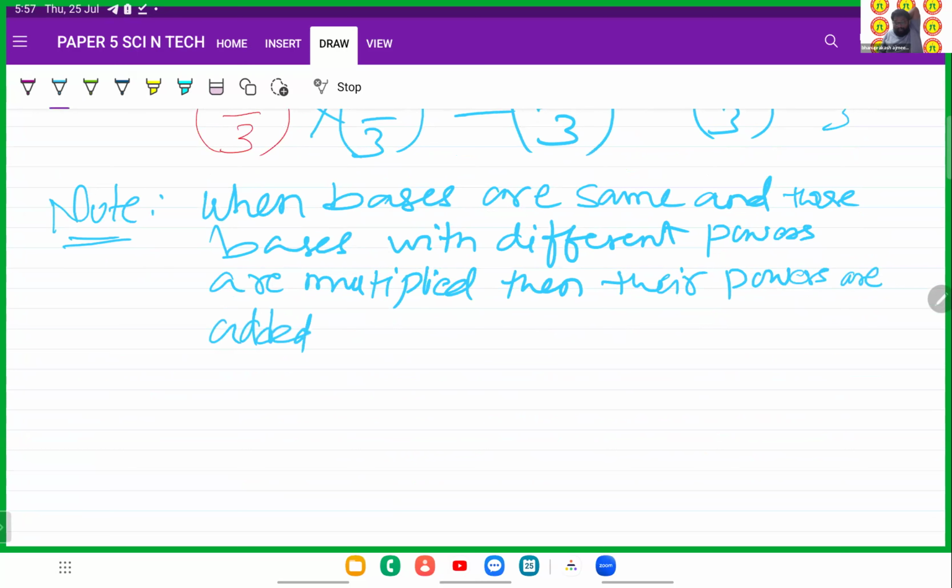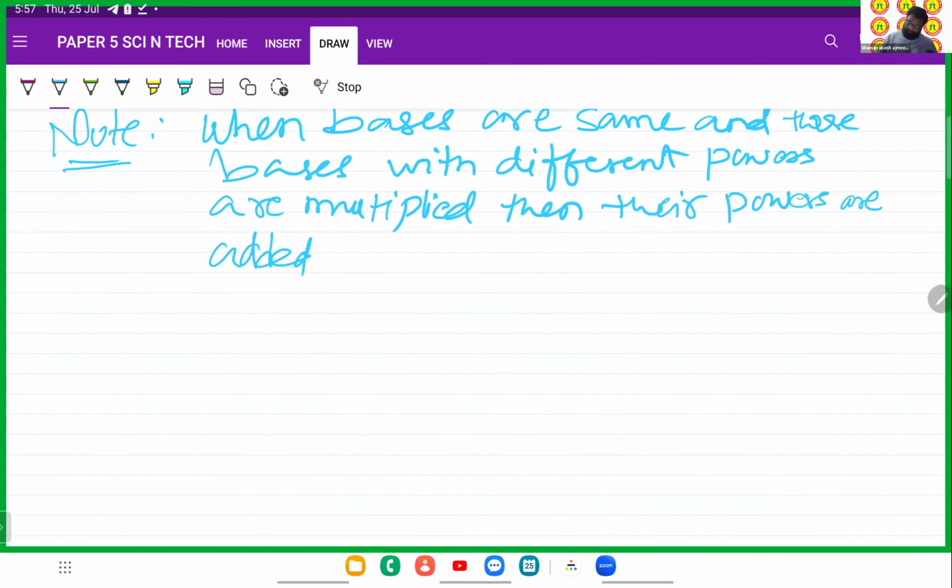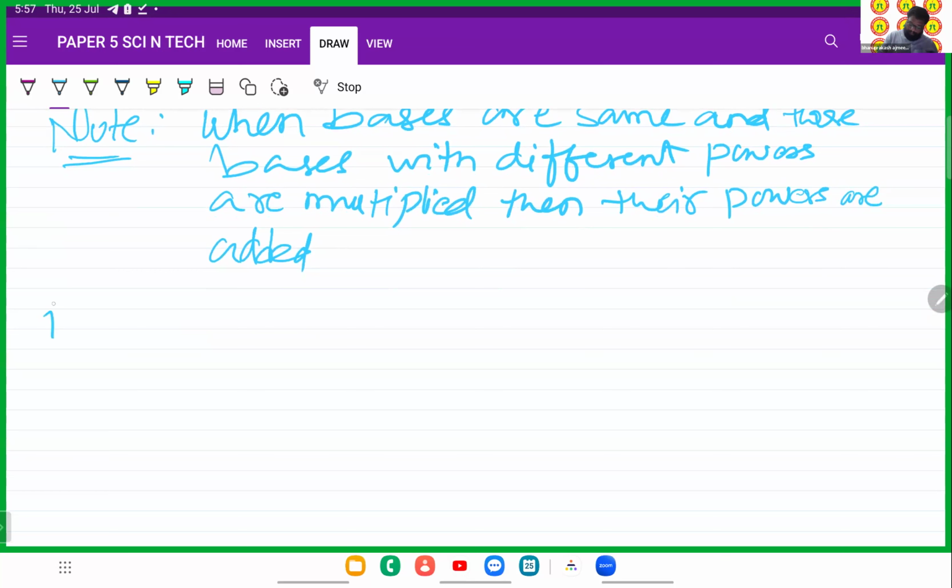Okay, then their powers are added. Next, second law.